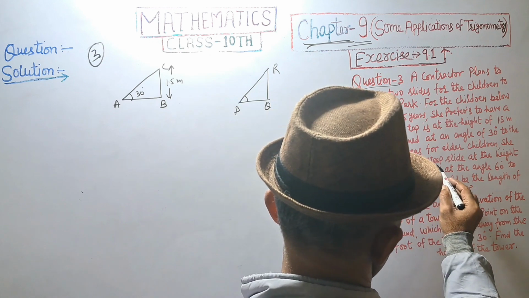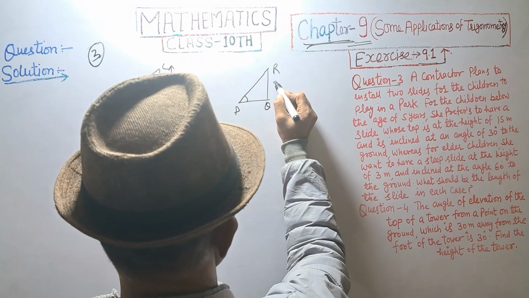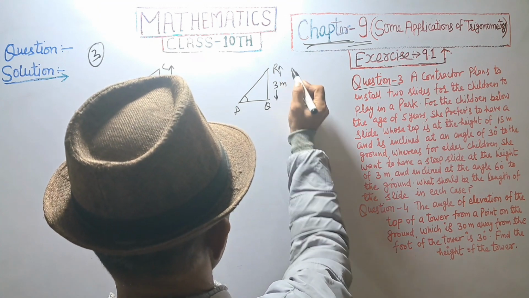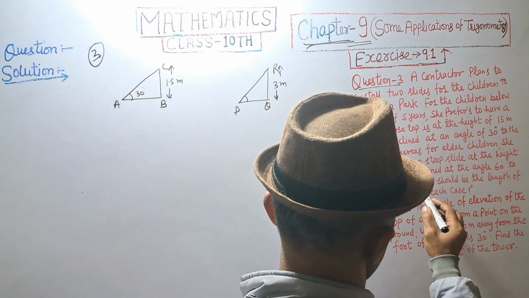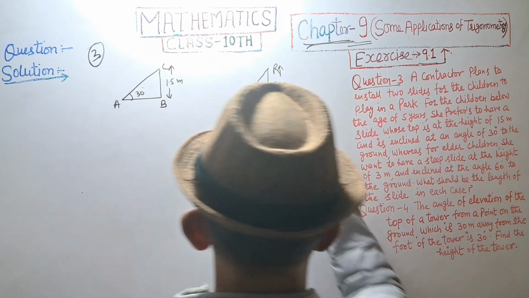She wants to have a steep slide at the height of 3 meter and inclined at the angle of 60 degree.